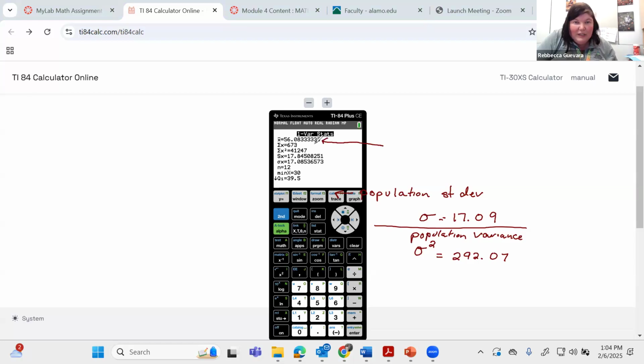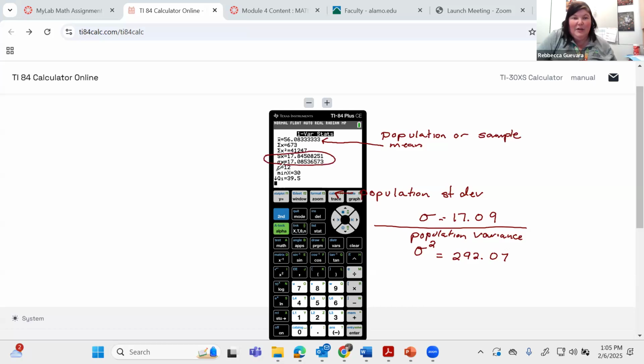This is going to be either the population mean or sample mean. It always puts it as sample, but it's either, because they're calculated the same way. Okay, and then like I said, we have our standard deviations here.